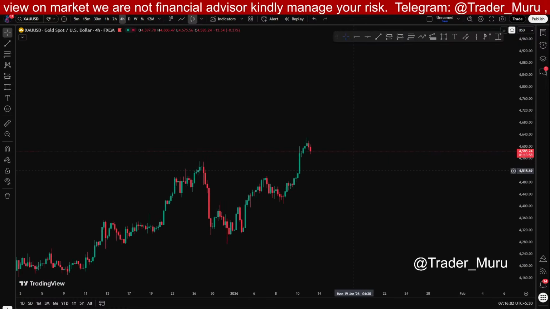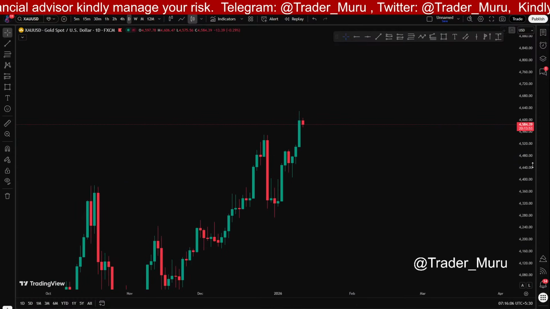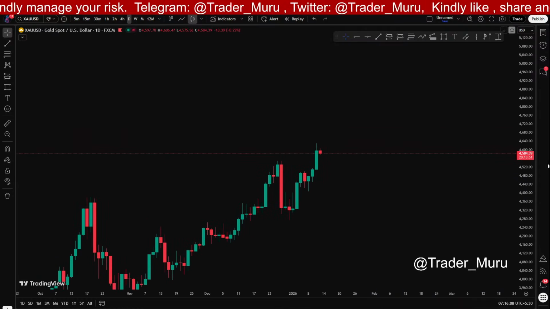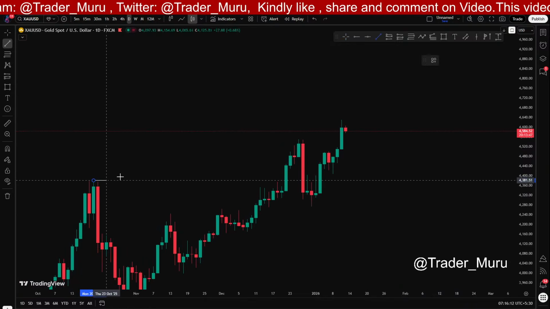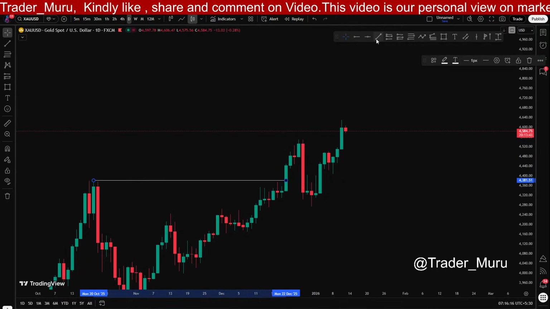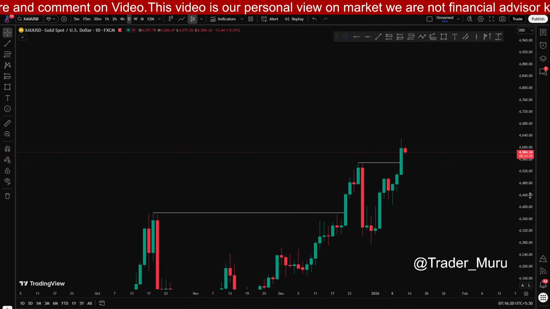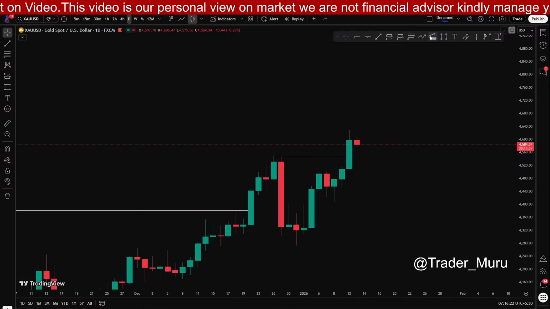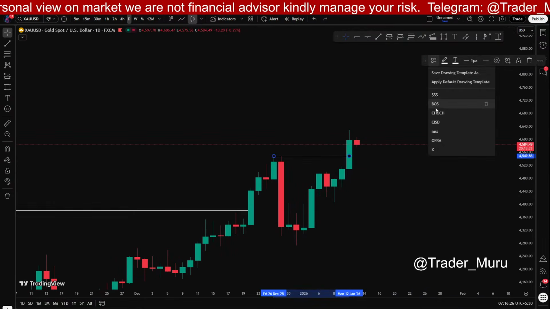Here we have a daily time frame chart, and as per our expectation, after this breakout structure, we were just waiting for another breakout structure above this high. Now we have a new breakout structure.